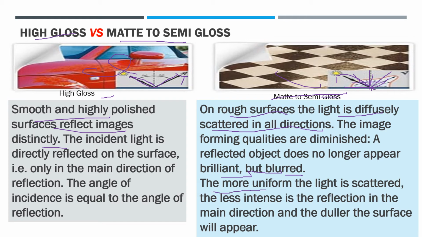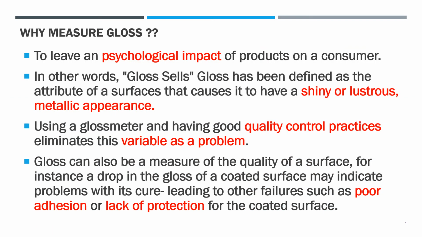So we know that the more uniform the light scattering is, the less intense the reflection in the main direction, means there will be no reflection in the main direction, and you will not find a proper glossy finish because of the scattering of light after falling on the substrate. So that's why you will get a matte to semi gloss finish, and in this one you will get a high gloss finish because of the smooth finish of the substrate.